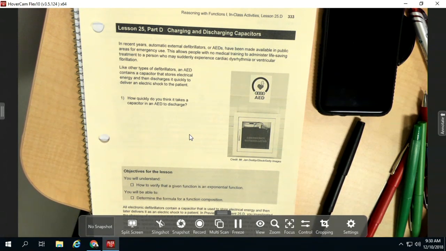Nobody knows. Automatic external defibrillator. Has anybody ever seen one? We've got them all over at school here. A good internet search for people who are going into the medical field, say becoming a doctor or a veterinarian, would be to search how useful these things are in saving people.